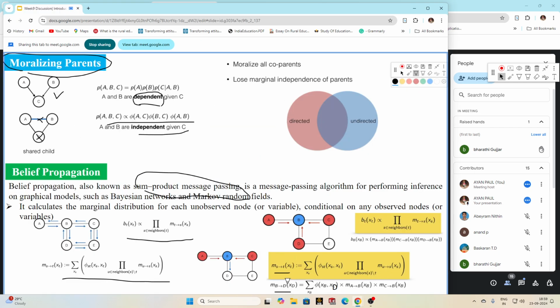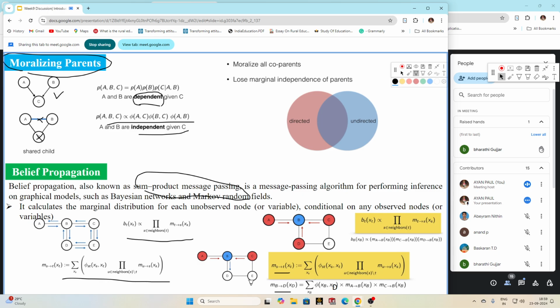So how will we write the message from B to D? It will be written as sigma of xb, phi, that is the potential of xb xd, times the message from A to B, because B is also receiving a message from A, since B is directly related to A and B is directly related to C. B is also related to D, but when we are talking about message sending, we do not consider D, because D is the one we have to send the message to.